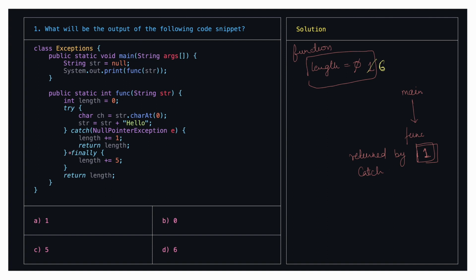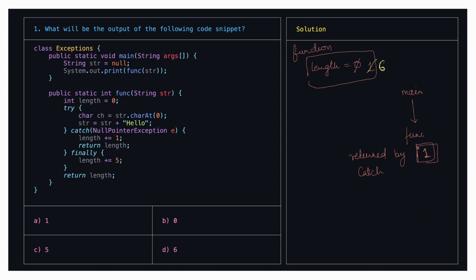That means the execution of finally block has been done, and the value has already been returned. The function has been returned already, but the finally block has to be executed. So it waited for finally block, but finally block says just increment the local variable of this function by 5. So it made it 6 by adding 5 to it, right?